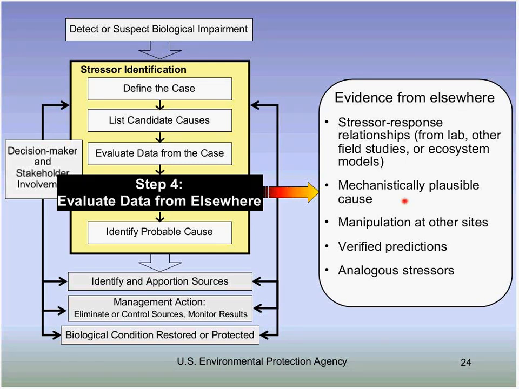Different types of evidence that you may use are mechanistically plausible causes, manipulations at other sites, or verified predictions of stressors. In the crime scene example that I was referring back to, this would be bringing in an outside expert, a witness testimony from somewhere else, to help support what you saw at your crime scene.